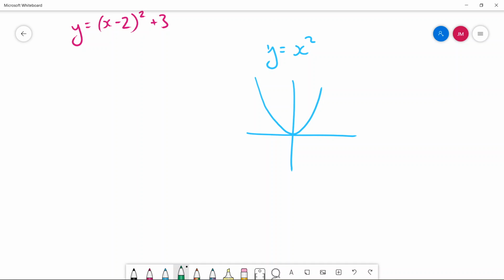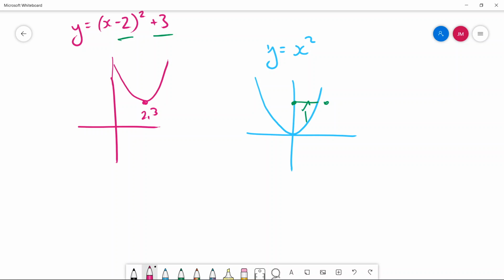Then look at your new equation. We've got a plus 3 at the end, and that moves all the points up 3 units. So that turning point would go up to here. Then we've got a minus 2 inside the brackets, and we just told you to remember it's inside the brackets with the x, so we do the opposite. If it's minus 2, we go in the positive 2 direction. So this graph would have a turning point at (2, 3), and it'd still be a positive parabola.